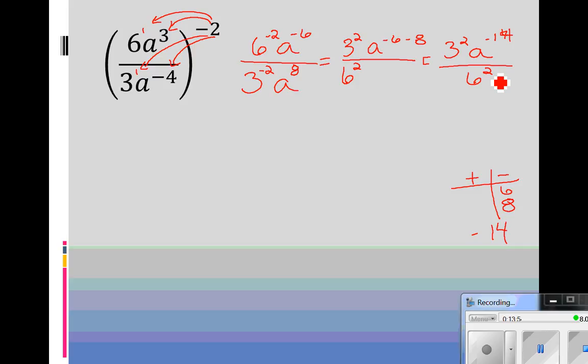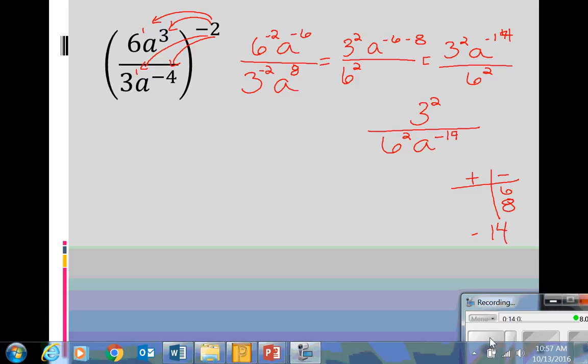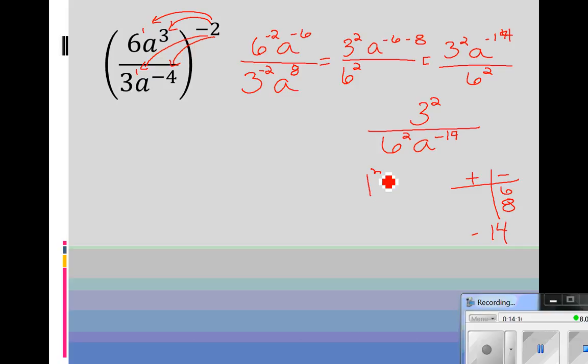So our final answer, 3 to the 2nd over 6 to the 2nd, a to the negative 14th. But I can't forget that I have the 3 and the 6, which can be simplified to 1/2. I am going to keep the 2 exponent for each of those.